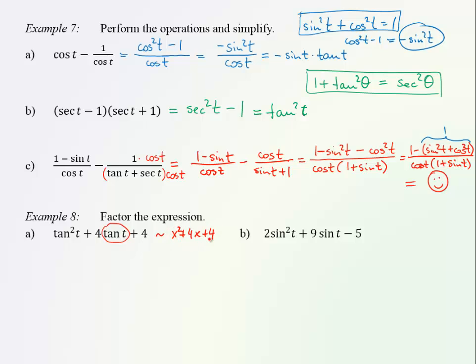So let's recall, how do we factor this? This is actually a perfect square. It's a perfect square of x plus 2 squared. Well, but x was our original tangent. So thinking that way, you can factor the expression into tan t plus 2, bracket squared.